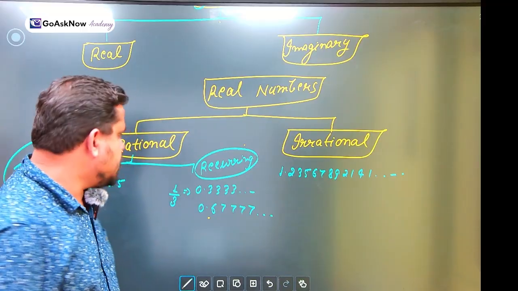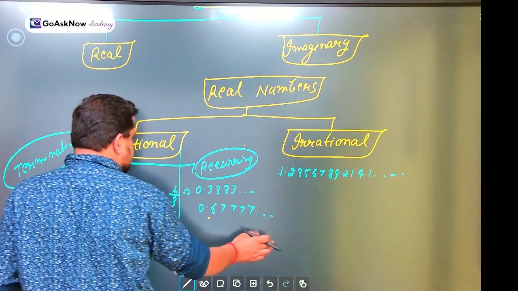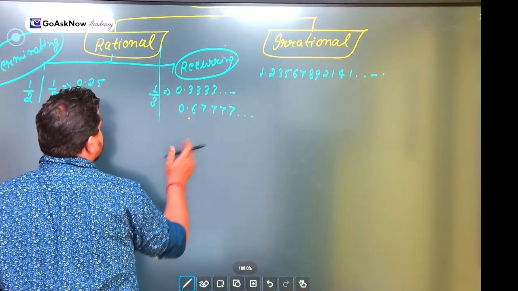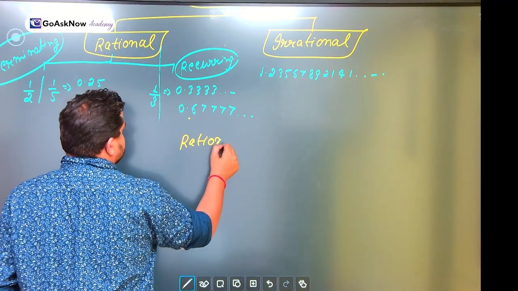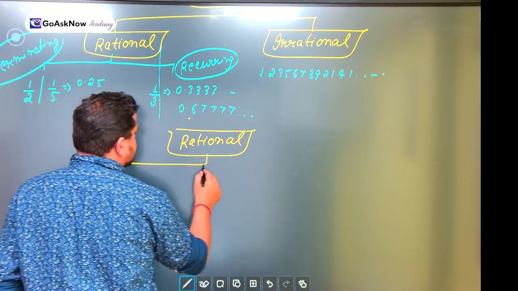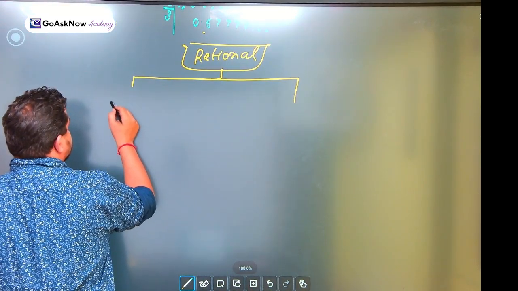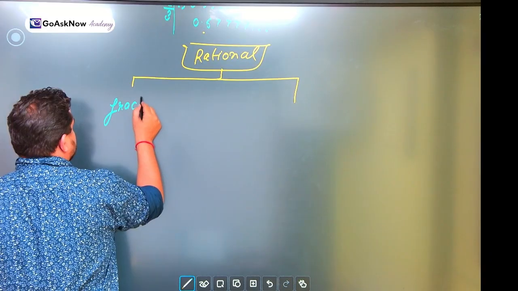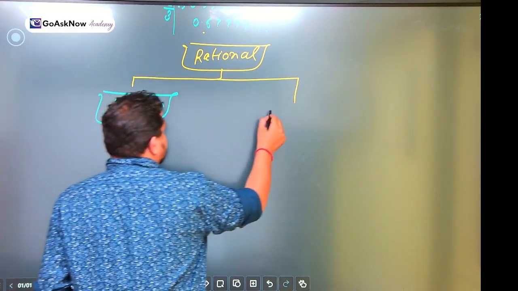Now, as we can see, rational numbers also get divided into two parts: one is fraction and the second is integer.